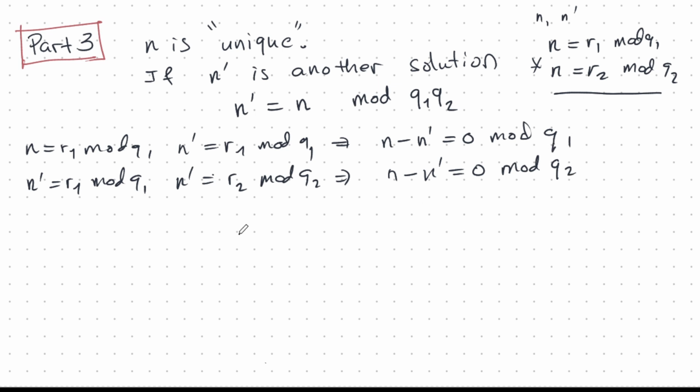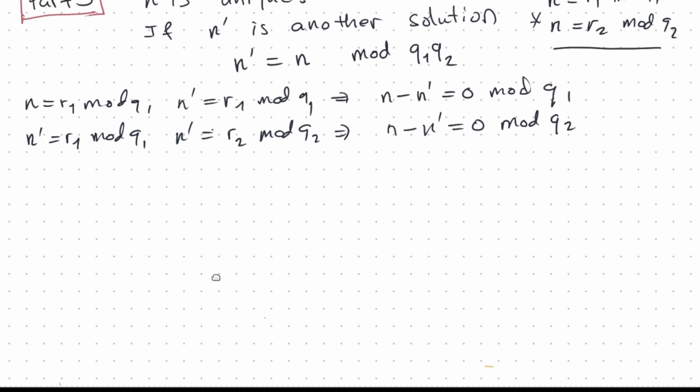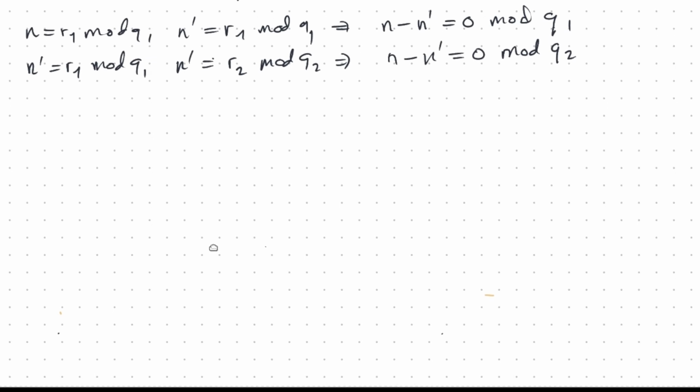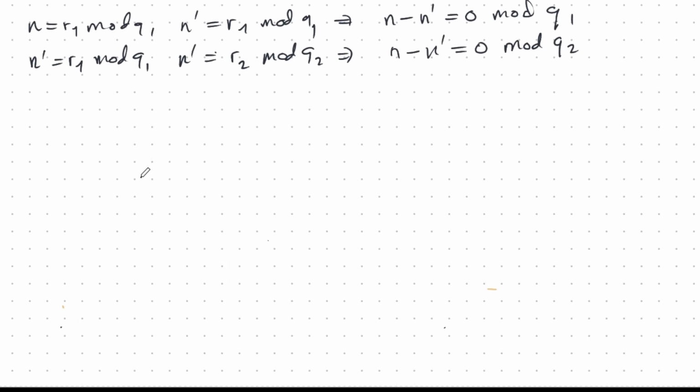Okay, that's very good. And to make further progress, I need a little theorem from number theory. And the theorem goes like this. Suppose I have A and B such that they are coprime. Then let's say I have this situation.